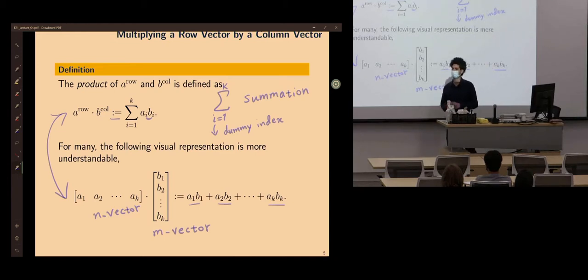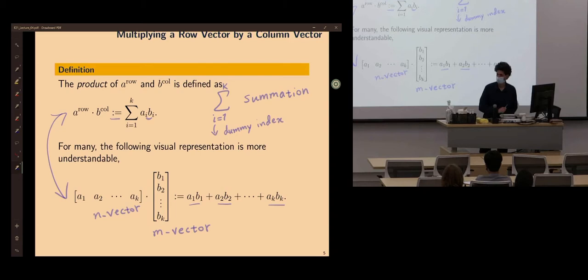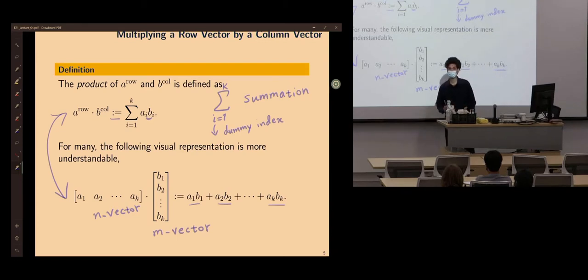Is matrix multiplication commutative? Could I multiply the column by the row instead, and would I get the same thing? A super advanced question. Is matrix multiplication commutative? I'll talk about it when we have an example. It's a very, very important topic. It is not, but we'll see why it's not.